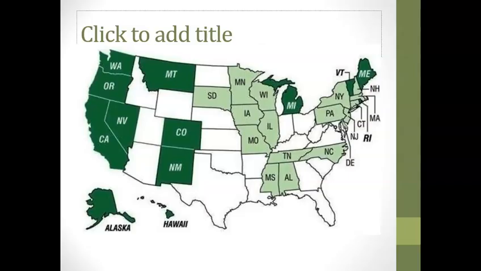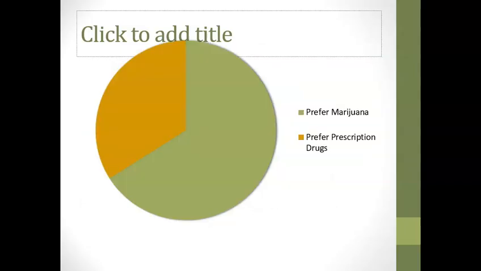It's only legal for recreational use, but it could mean other things, right? Does it mean those states have tried to pass it, but the legislation failed? So you've got to make sure you title things, because if not, again, it's not easy to understand, and it can be distracting in the presentation. And so again, good effort, but not quite really what you want to do.